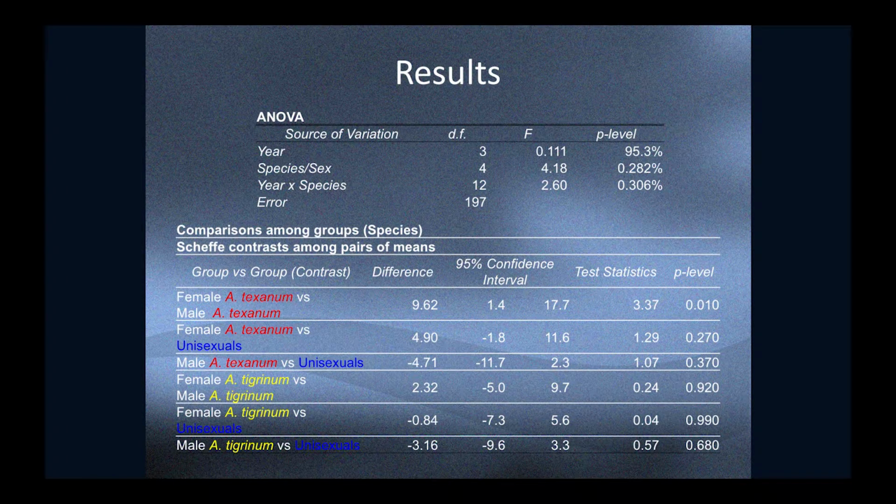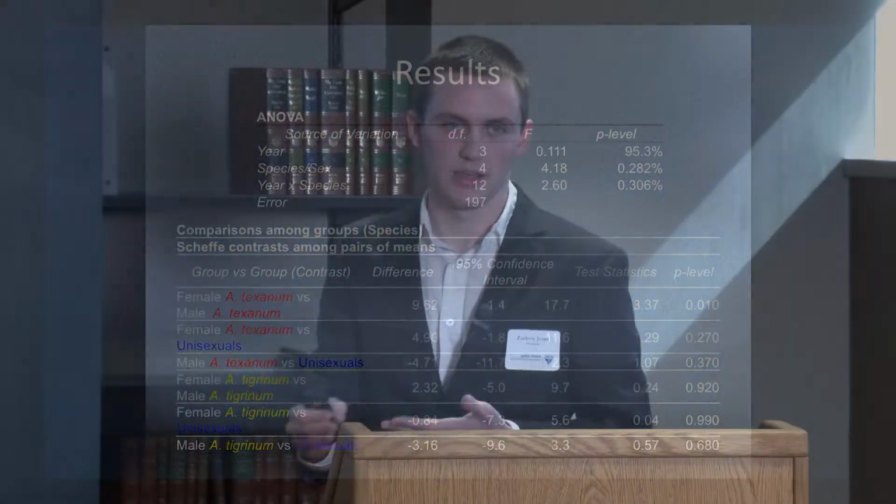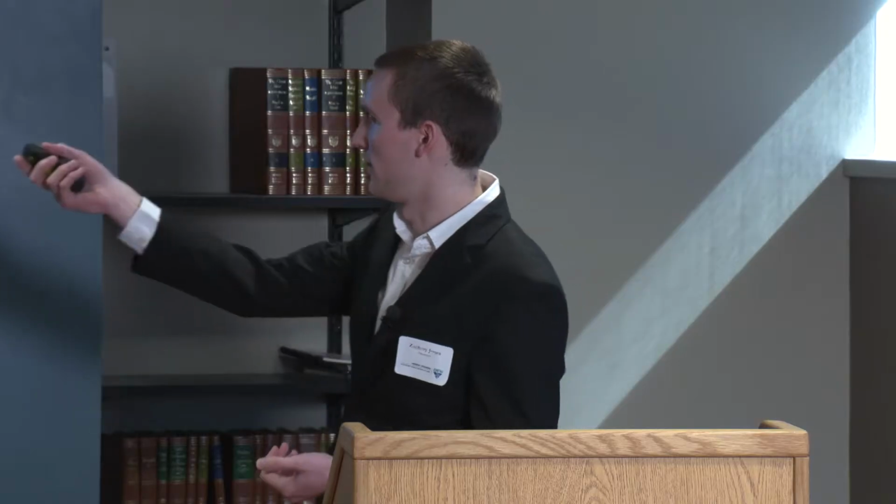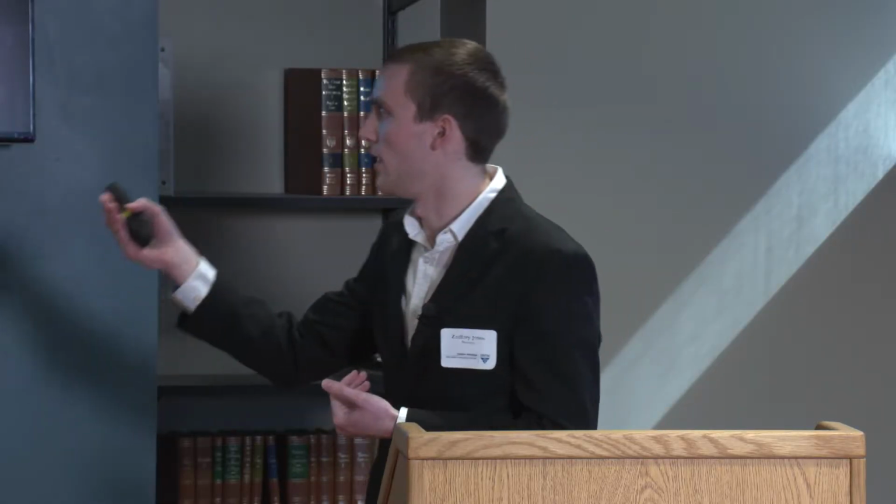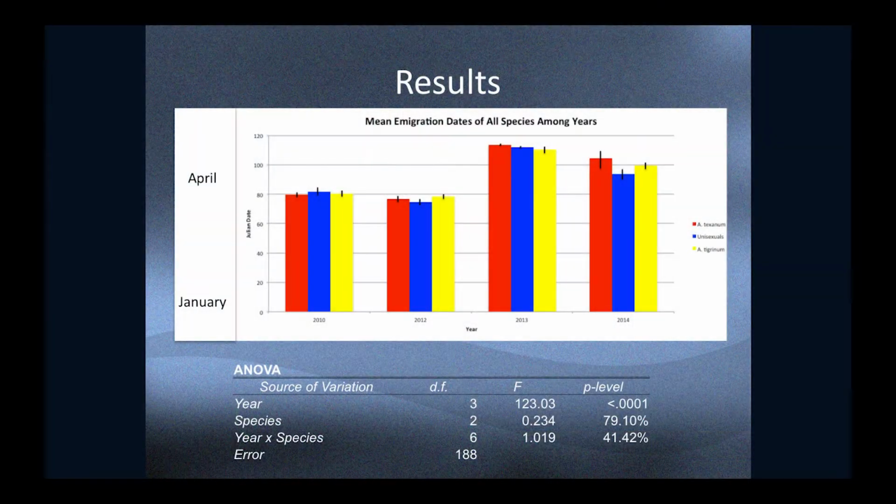So I took the average immigration date of each year among all species, and then I subtracted each individual immigration date from that average to determine if the salamander was arriving relatively early or relatively late.